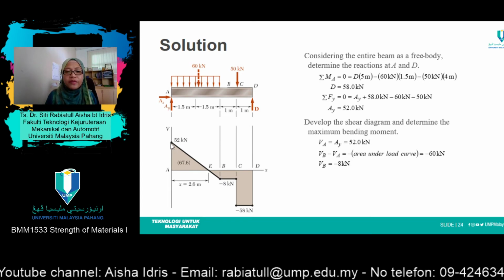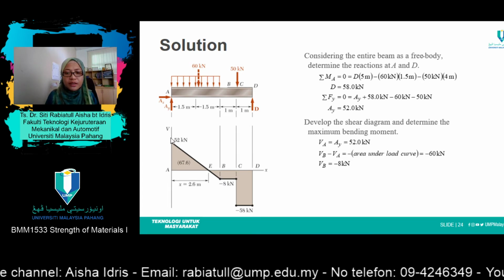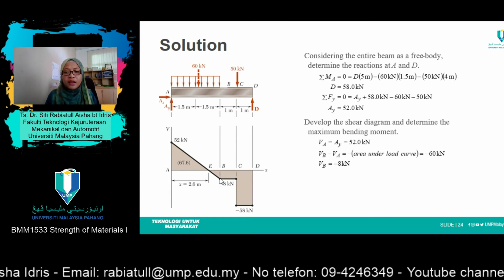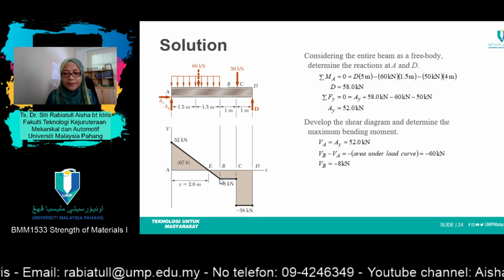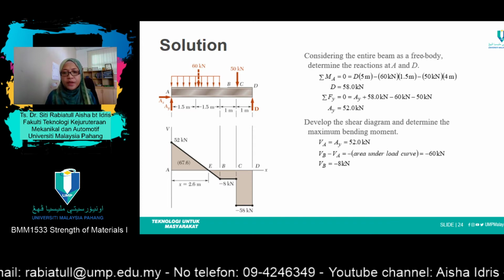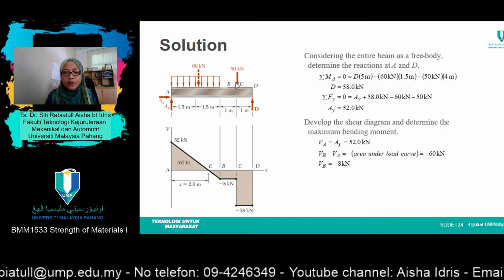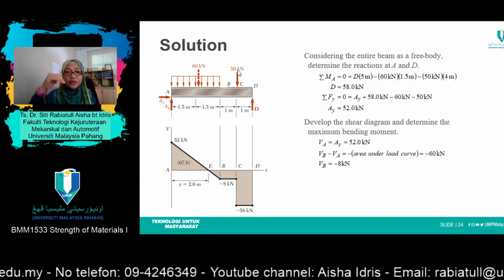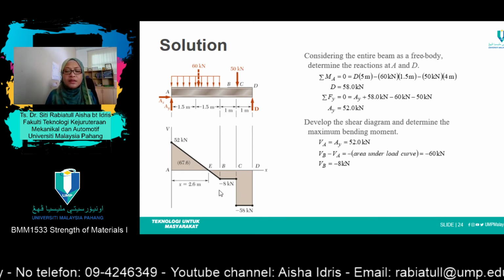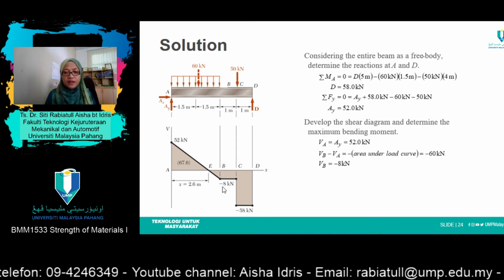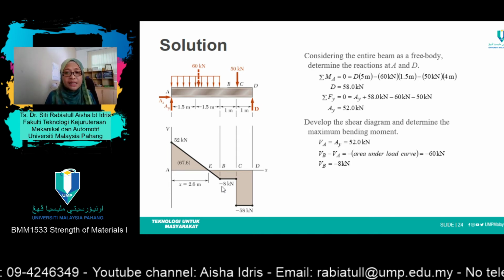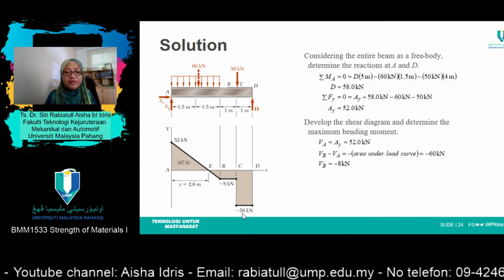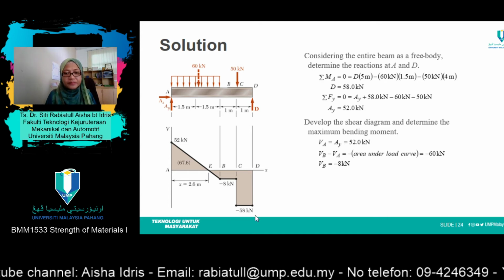The first is 52 kilonewton when x equals 0. So when x equals 3, you'll get VB equals negative 8. After that, moving to point C here, you'll get another force here, which is 50 kilonewton moving downwards. And for that reason, negative 8 plus negative 50 kilonewton, you'll get negative 58 kilonewton.